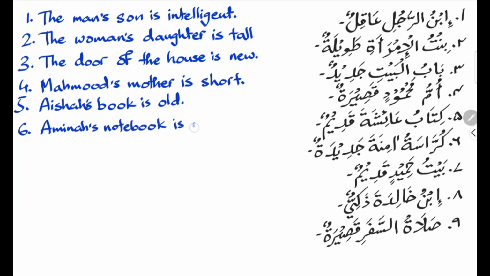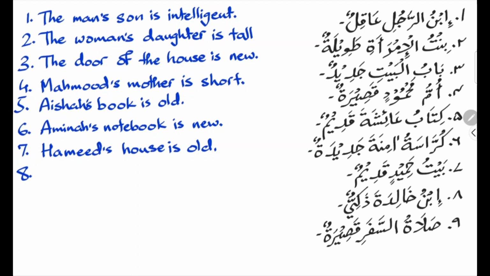Number 7, Baytu Hamidin Qadimun. Bayt is mudaf, Hamidin is mudaf ilayh, that's why it's getting the 2 kasras on the dal. Hamid's house. Hamid's house is old.